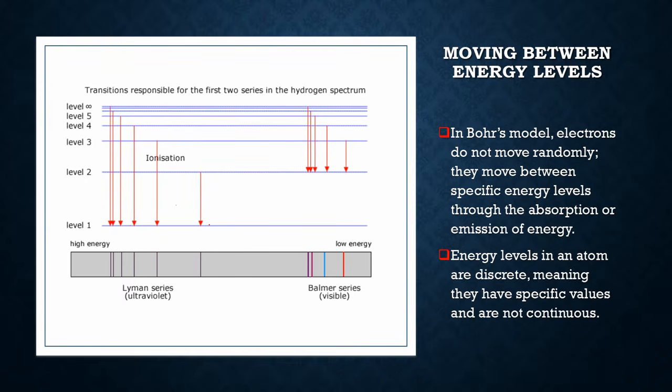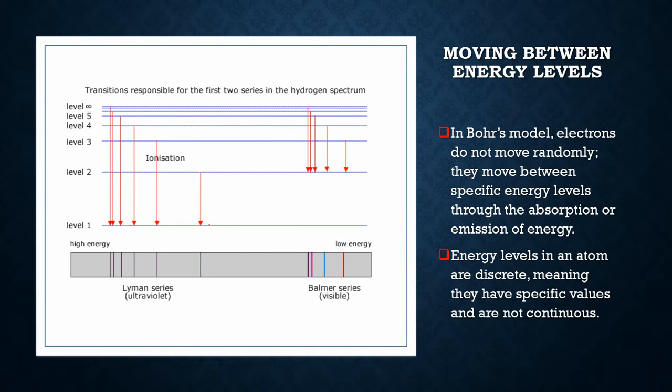Here we said that in Bohr's model, electrons do not move randomly. It means there's nowhere you'll find an electron in between the levels. If they moved randomly, then you could find an electron in between, but rather they move within specific allowed states, between specific energy levels, through absorption or emission of energy.